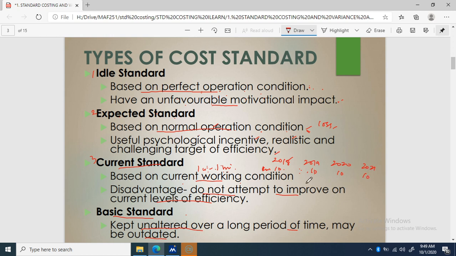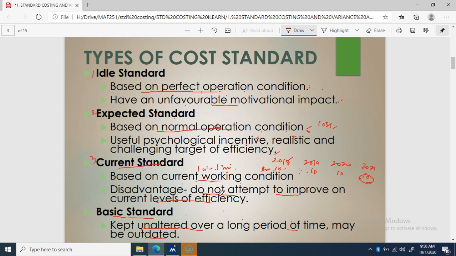Actually, 2020 and 2021 are based on 2018, kept unaltered for a long period of time. So maybe the cost of labor at this time is not 10 ringgit anymore, because you base it on a standard that does not alter for a long period. So the standard is outdated.